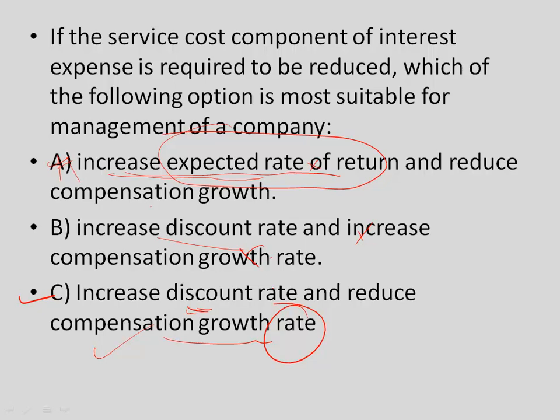So, expected rate of return will not affect the service cost in US GAAP. In IFRS, a higher expected rate of return would mean a higher discount rate, which would lower your service cost. Because in IFRS these are the same. Should we move on?